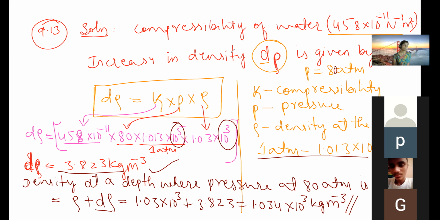So if we take the sum of both, we are getting 1.034 into 10 to the power of 3, and always density is measured in terms of kg per meter cube ಅಂತ ಬರುತ್ತೆ.